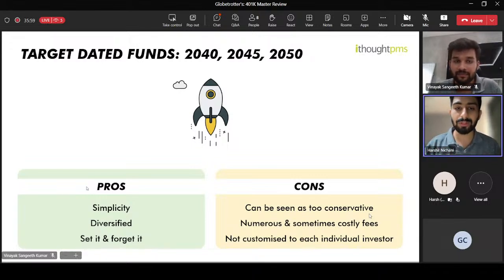My shirt size would not fit you, right? It's the same way with your investments. It's your identity, it's your personality that should reflect onto how you're saving. So the only problem with all of these target funds is that they're not customized to an individual investor. It's just a template. It's a great template, but it might not work for you, because everybody's needs are different, right?